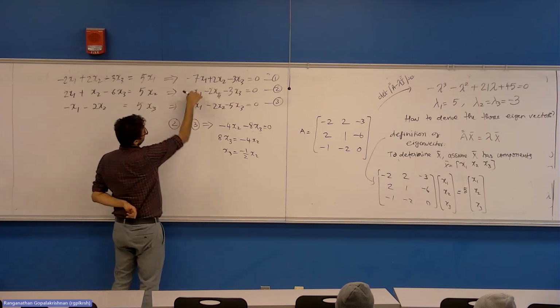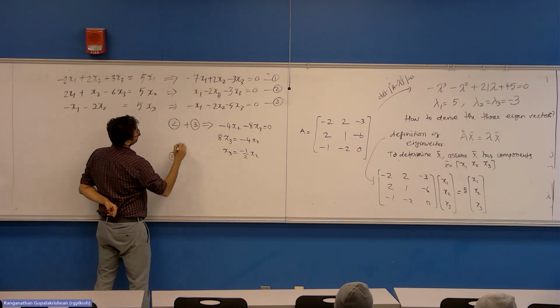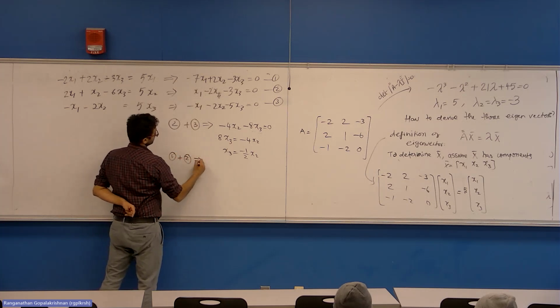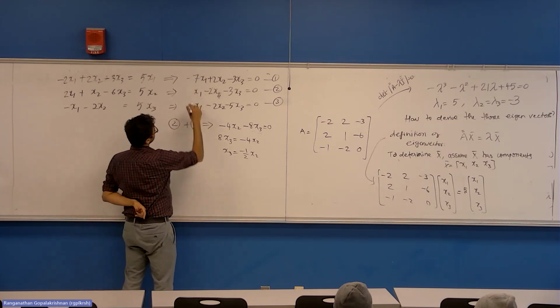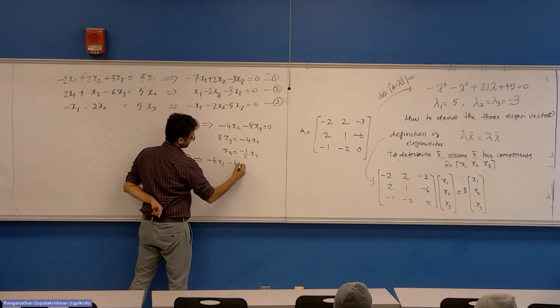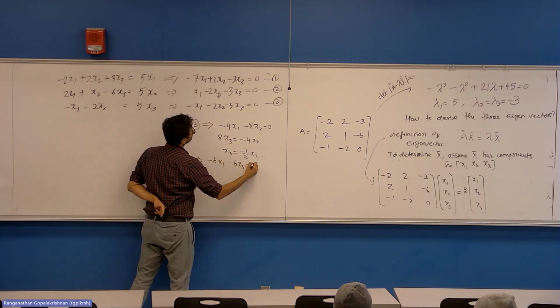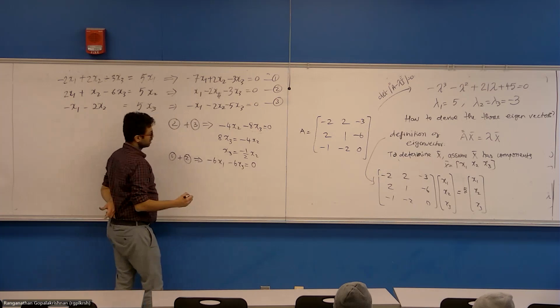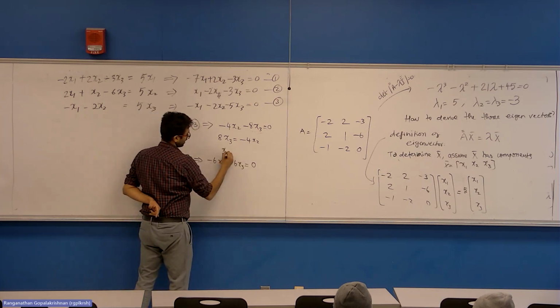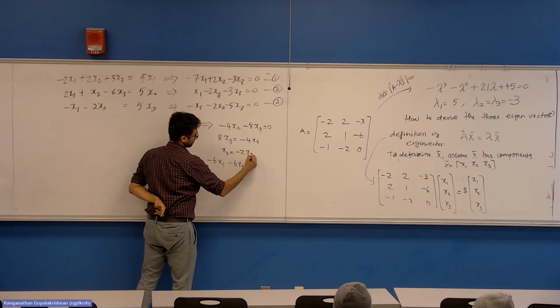Yeah, if we take 1 and 2, well, you can subtract 1 and 2. I'm sorry, add 1 and 2. You're going to get minus 6x1 minus 6x3 equal to 0. So maybe what I'll do is I'll write x2 equal to minus 2x3.